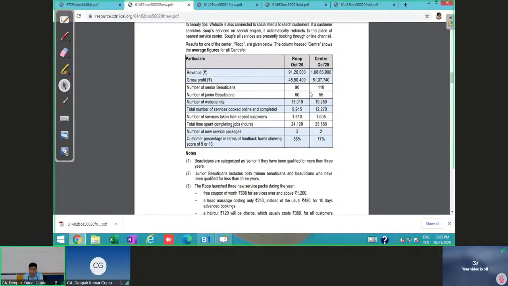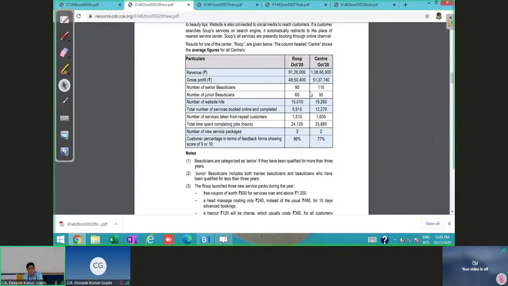And in the average center, junior beauticians are 55 in comparison to 110 senior beauticians.